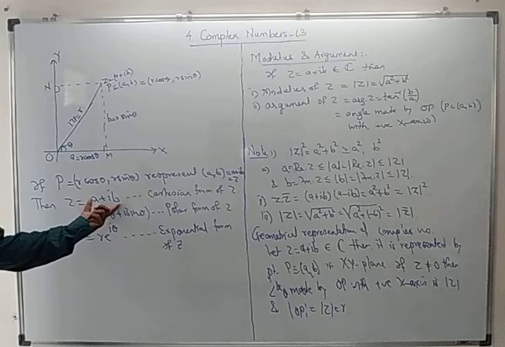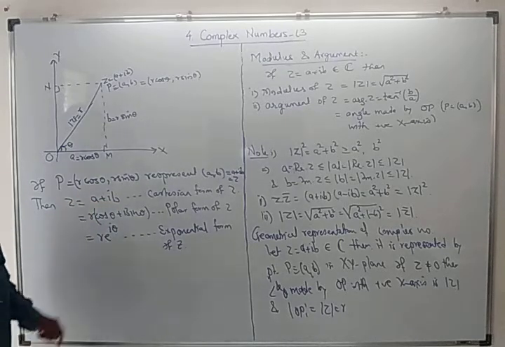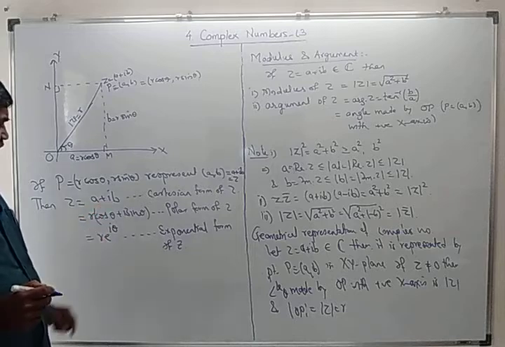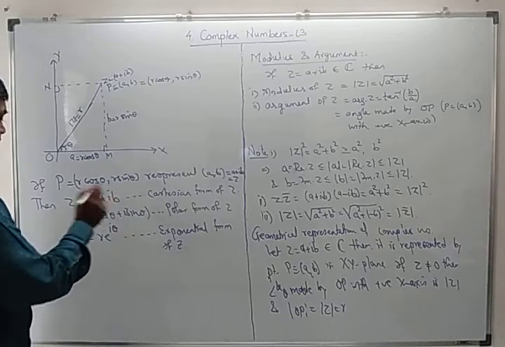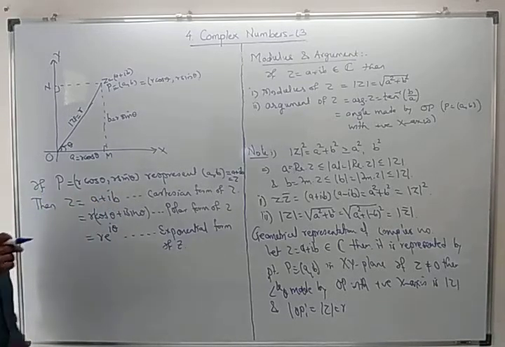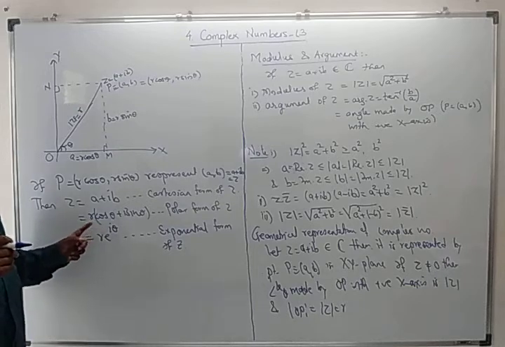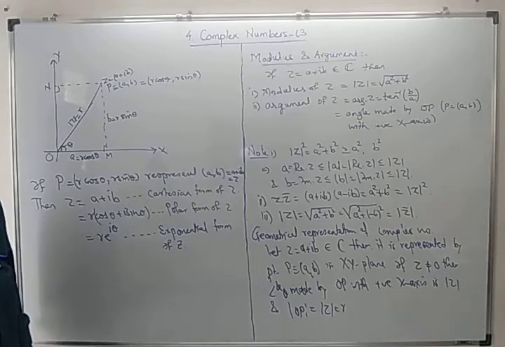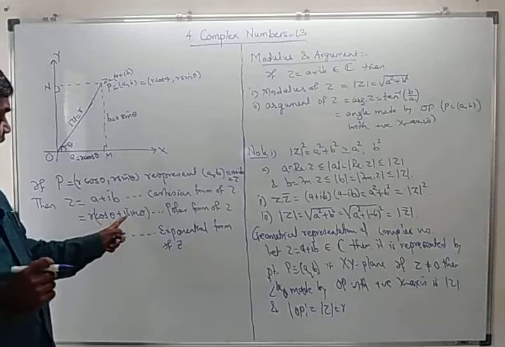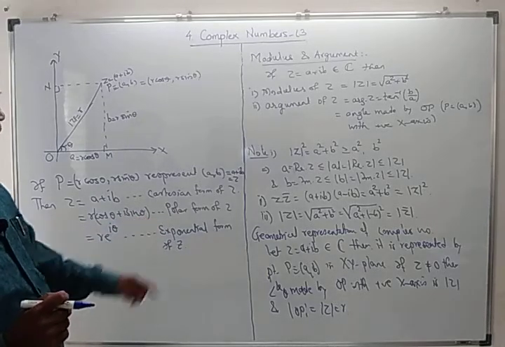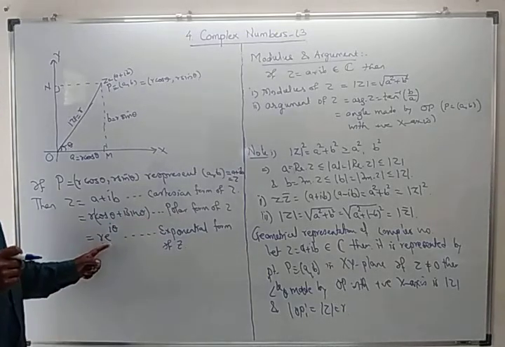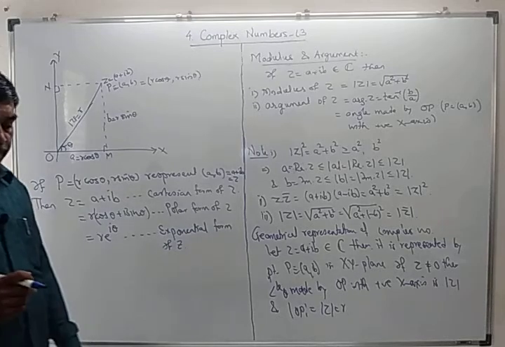So a plus ib in Cartesian form, it is represented by a plus ib. If I write it in terms of modulus and argument, r into cos theta plus i sin theta, then it is known as polar form of z, and this is in exponential form.